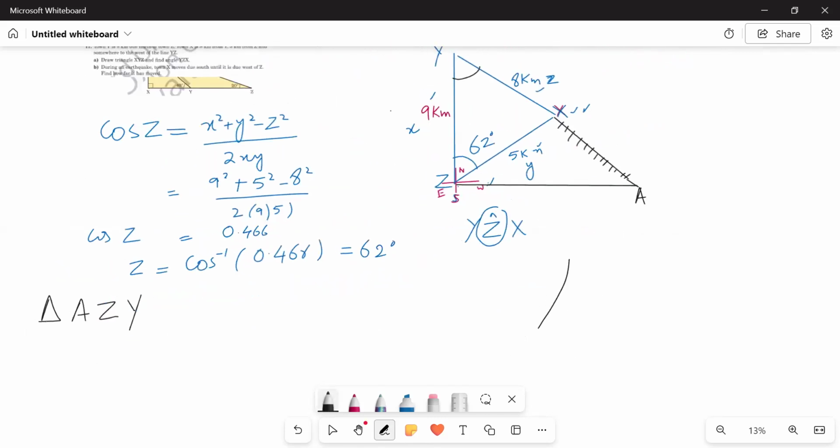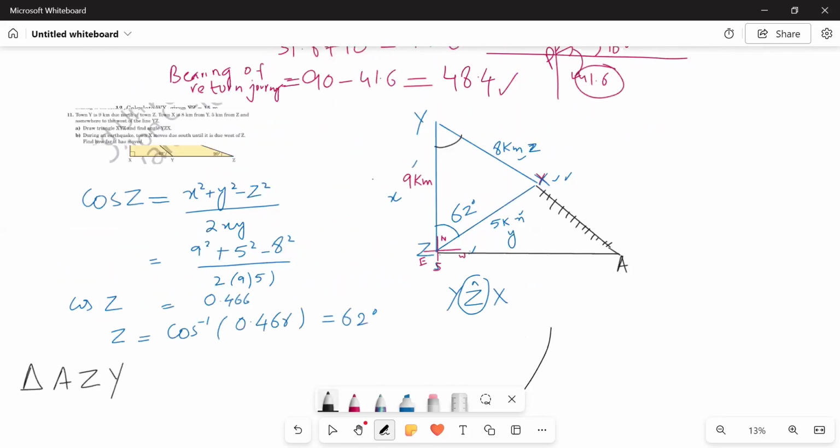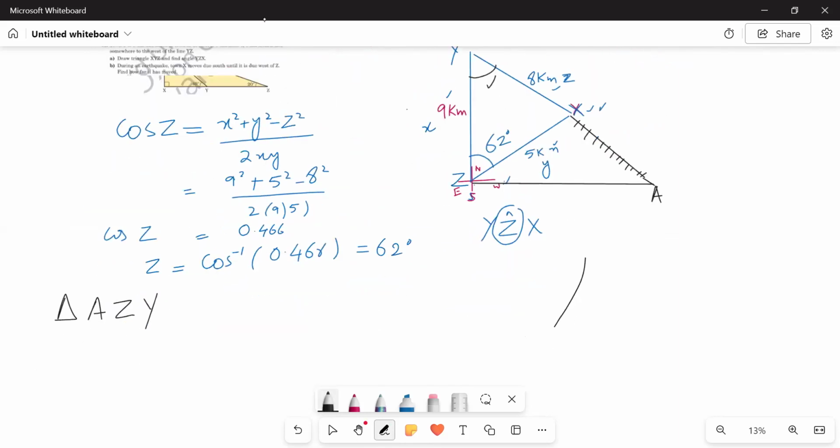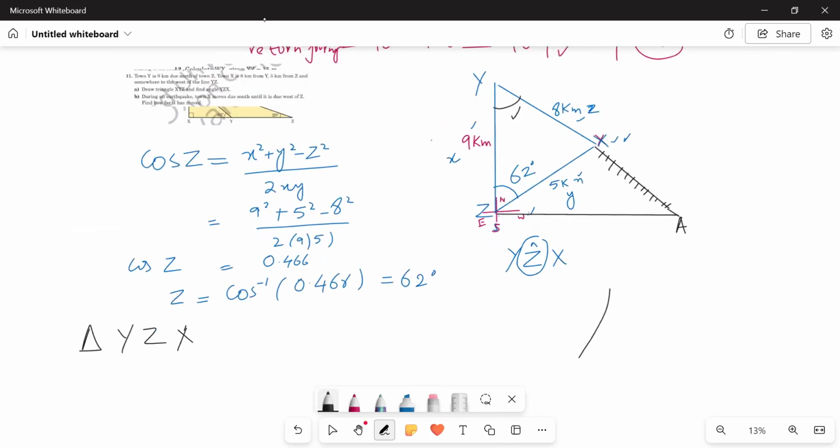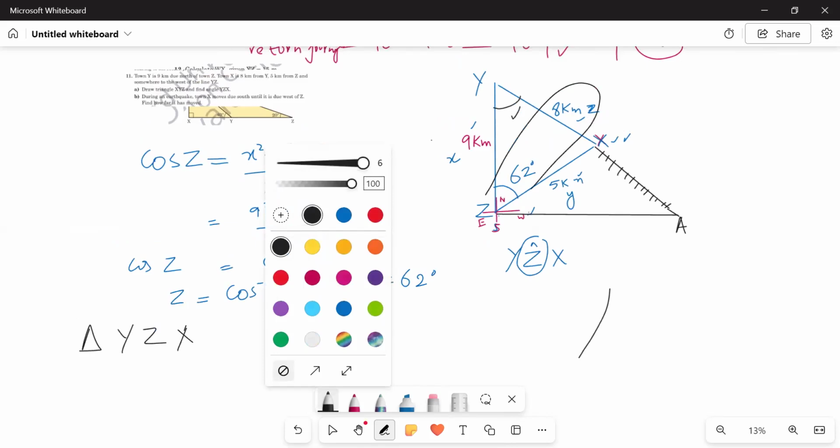From this we can easily find this angle. If I choose the YZ and X triangle, these are a complete pair for the sine rule.